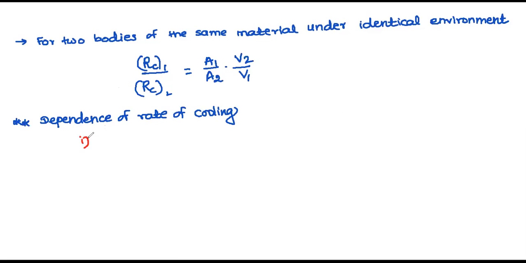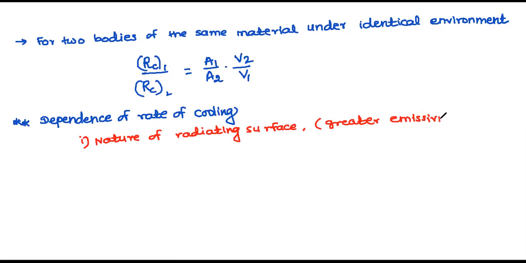First one, nature of radiating surface. So what you can say is, greater emissivity: if that material has greater emissivity, faster will be the cooling. Remember, you may get theoretical questions.